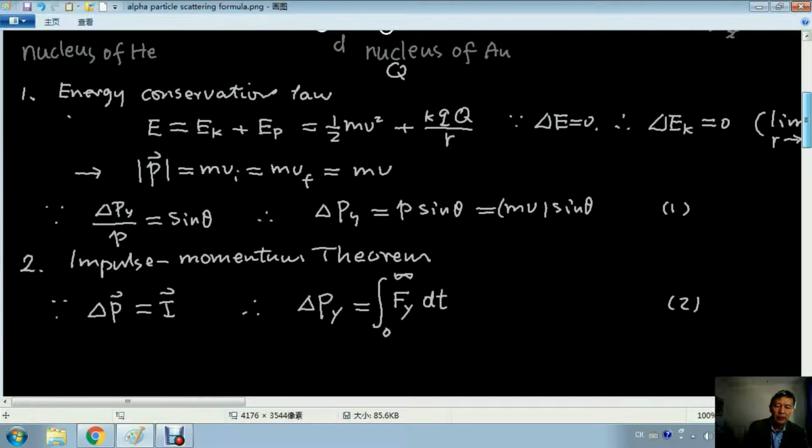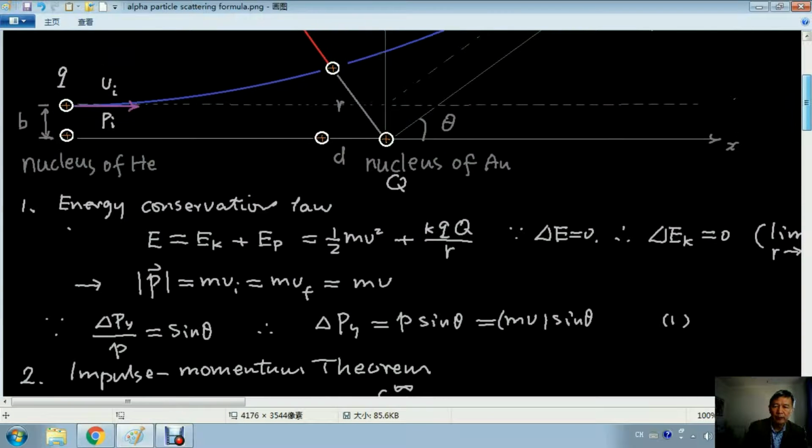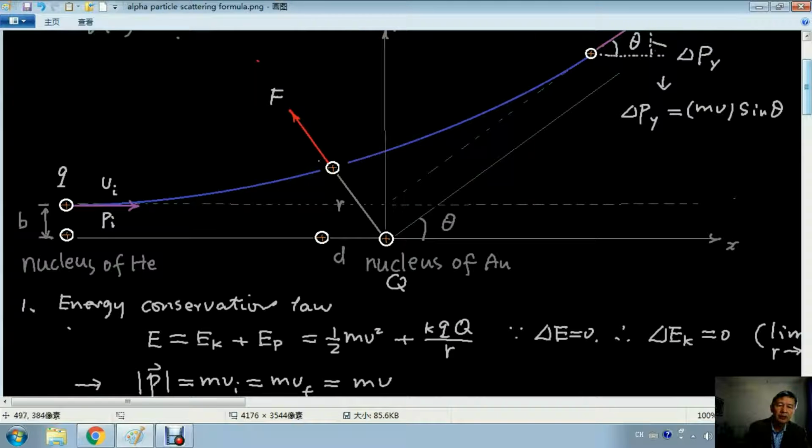Now, how to write the y component? We have to return to the diagram. So this is a force. Normally the force can be written in vector form. If we want to find the y component of this force, we have to draw the diagram here.